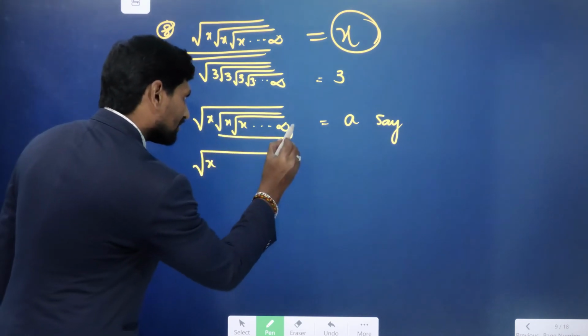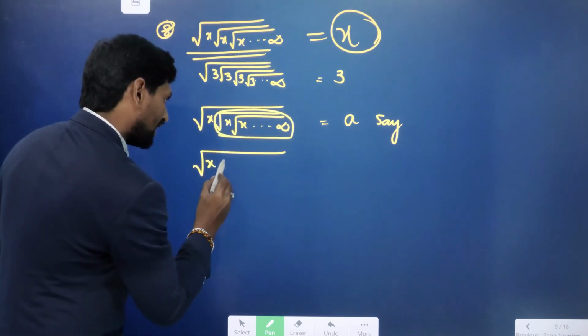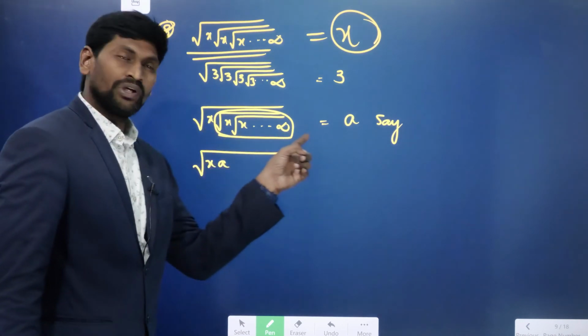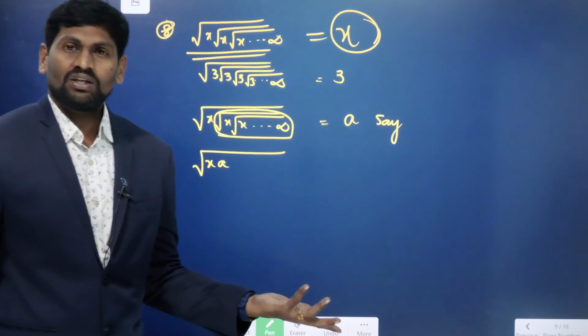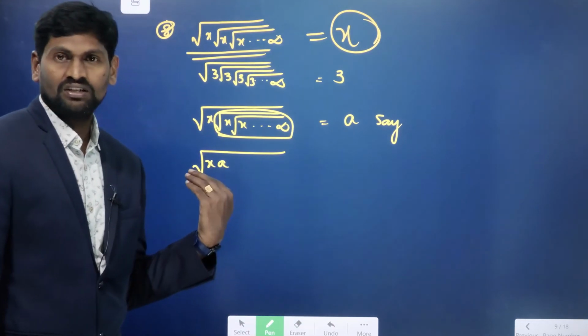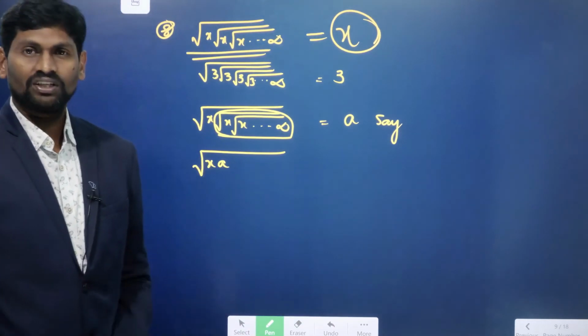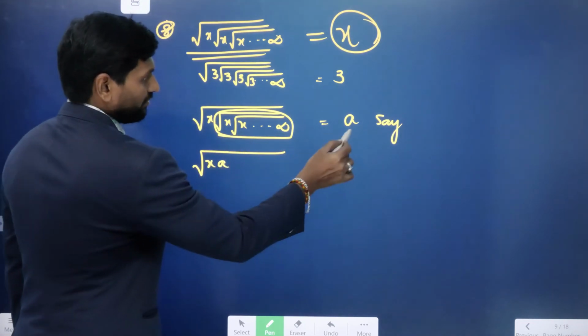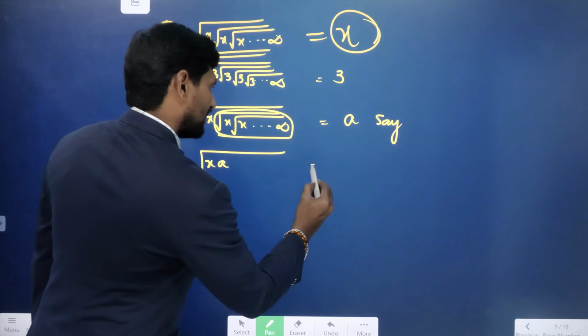For the remaining, in the place of all these, I can write a. Am I right? Because this is up to infinity times, we don't know the exact value of infinity. If you remove one, that also becomes infinity only. So in the entire place we can take a, because this entire part we are taking as a. That is equal to a.